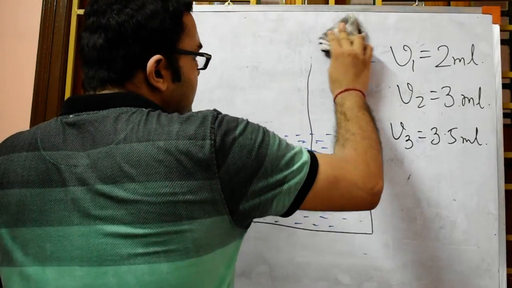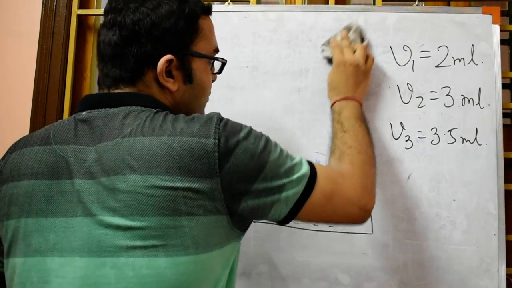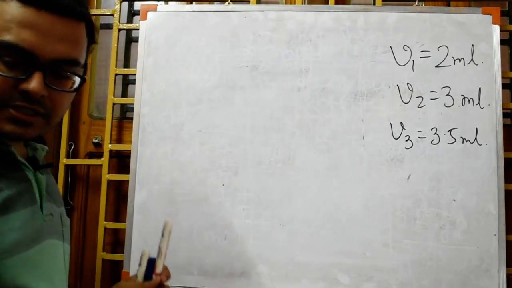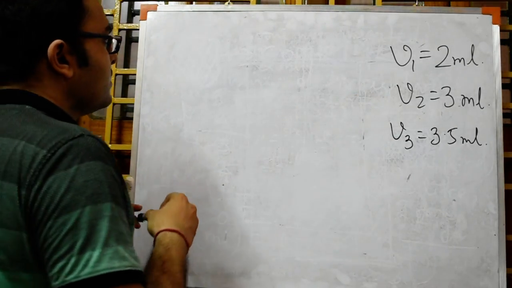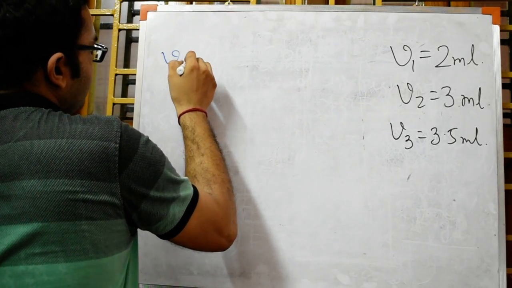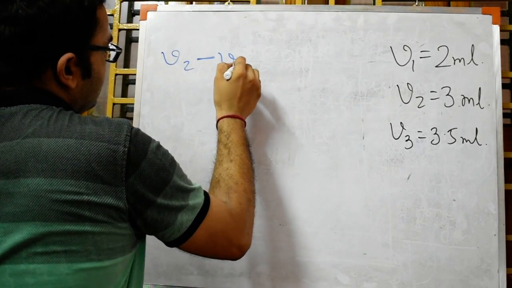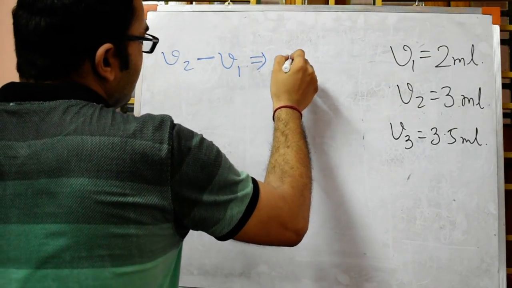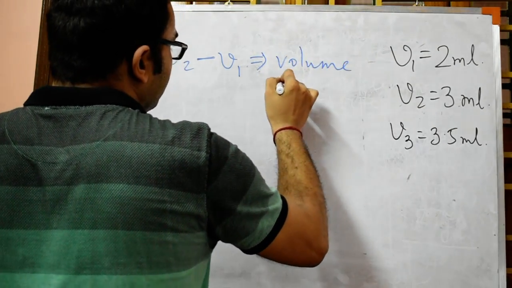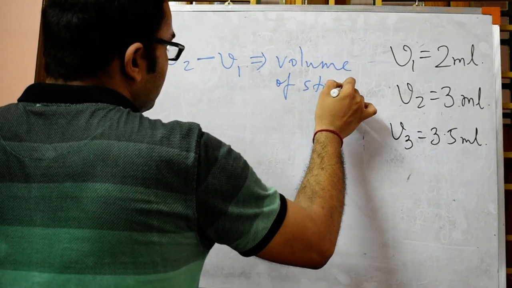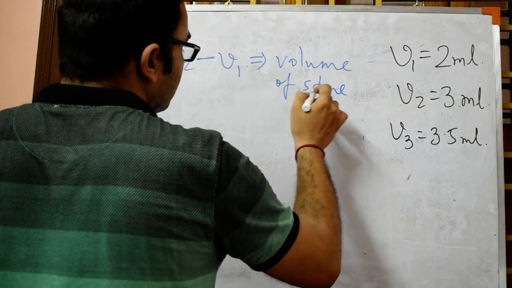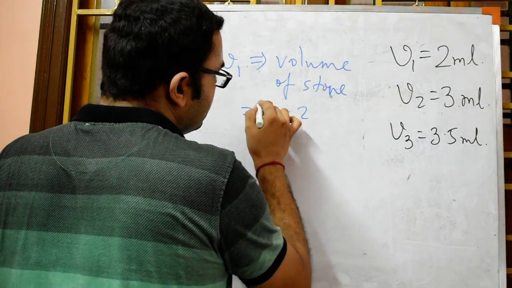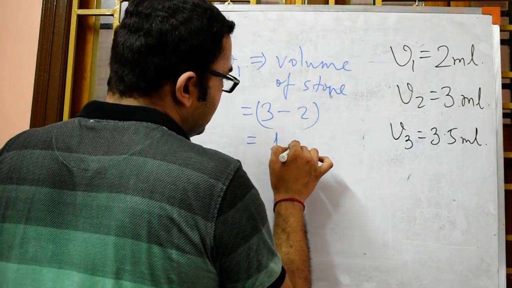So if I want to determine, when I subtract V2 minus V1, this actually gives you the volume of stone. So 3 minus 2, that is equal to 1 milliliter.